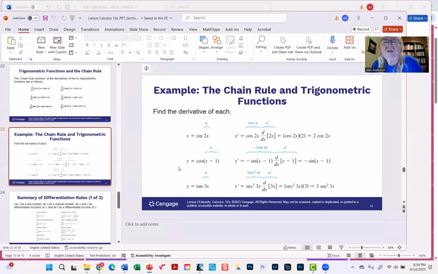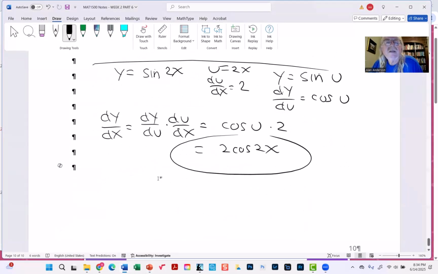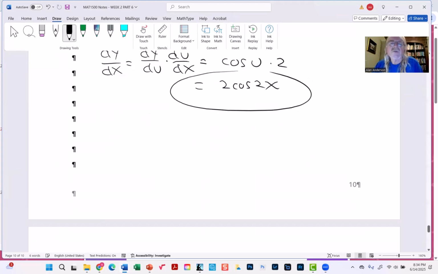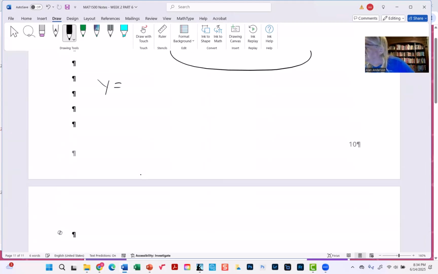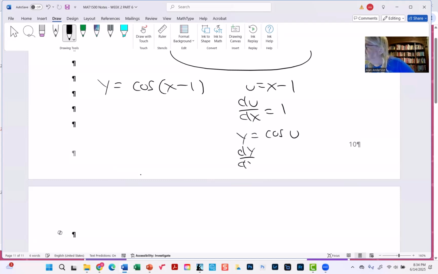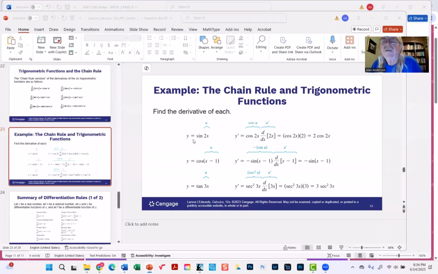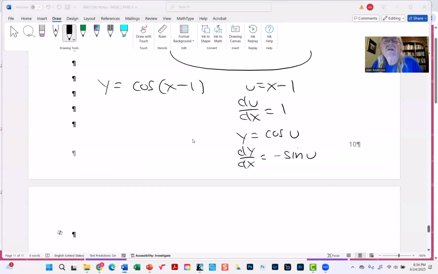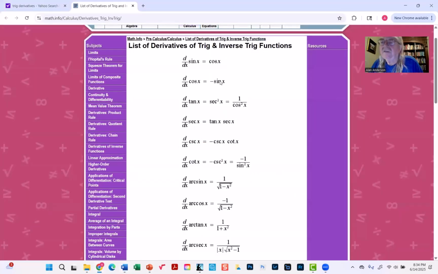Okay, how about this one? Cosine x minus one. Now, it might not be obvious that that requires the chain rule. Oh, but it does. Remember, with the cosine and the sine, the derivative of the cosine is the negative sine.